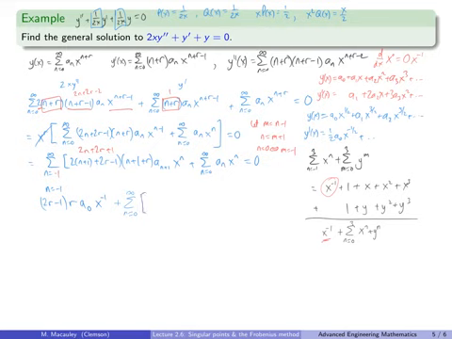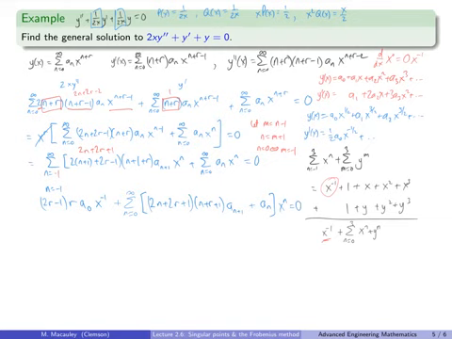I have 2n plus 2r plus 1 times n plus r plus 1 times a to the n plus 1 plus a to the n, and I'm going to factor out an x to the n and set that equal to 0.